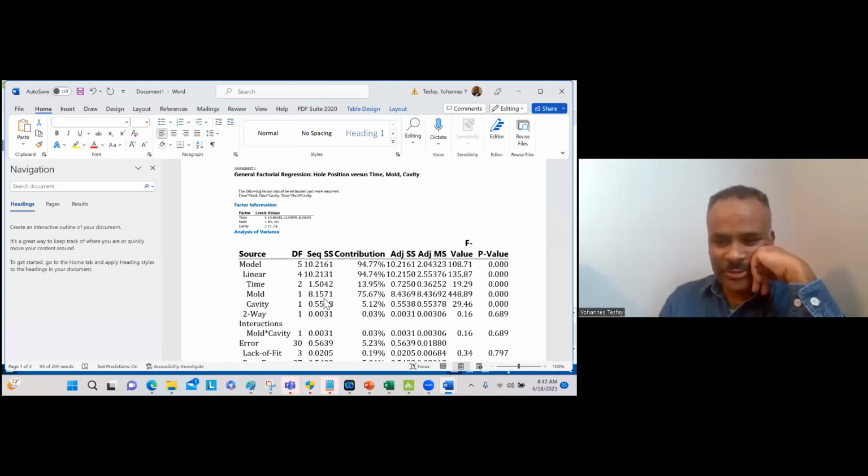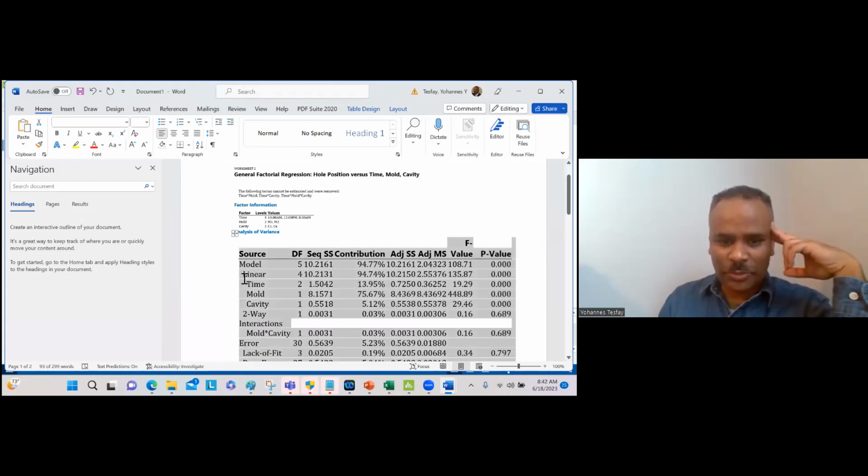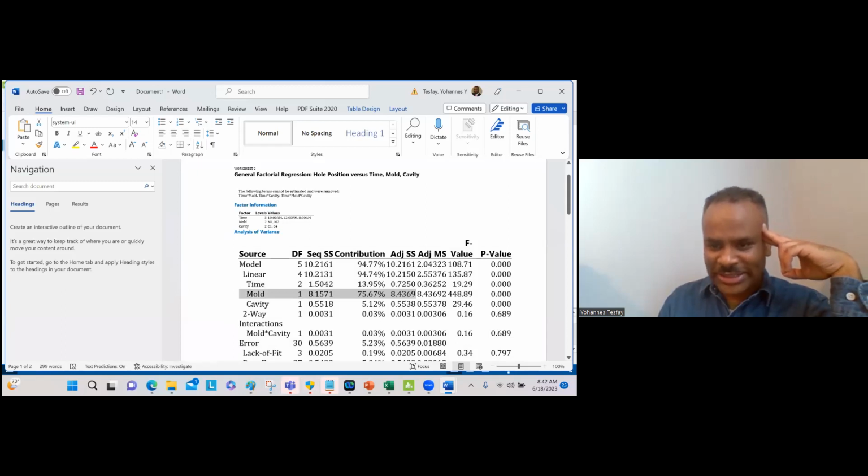So as you see here, what is the p value for? Okay? Time is 0, mold is 0, cavity is 0. I don't have any two-way interaction, you see?